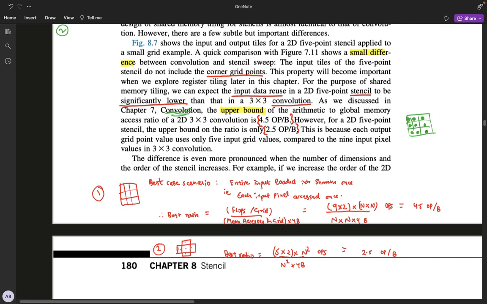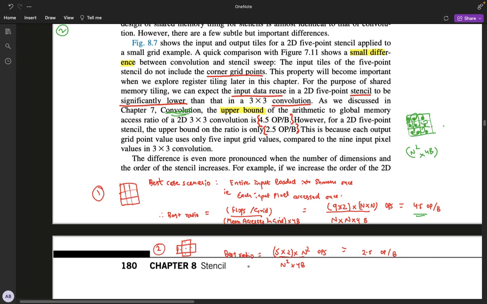So we have 9 multiplications and then 9 additions, right? So this is the number of flops in convolution, and memory accesses per grid is n square into 4 bytes. Each data point in the grid is loaded exactly once. So the best case scenario in the case of convolution is 4.5 ops per byte.